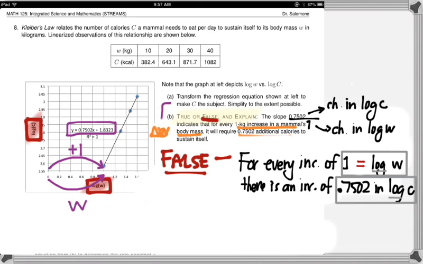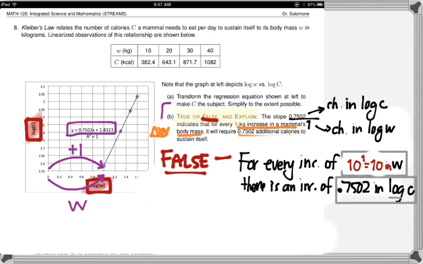What's W doing? How do I solve that for W? To get rid of this log, we just make it a power of 10. And we end up with 10 to the power 1, which is equal to 10.